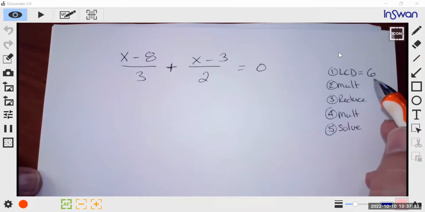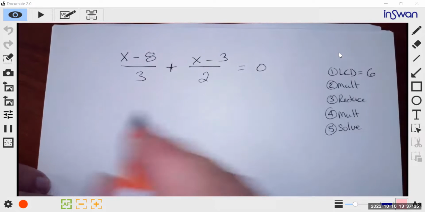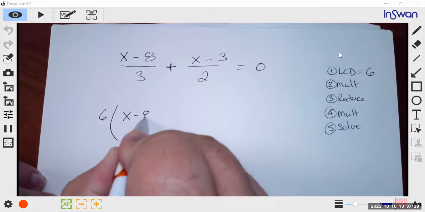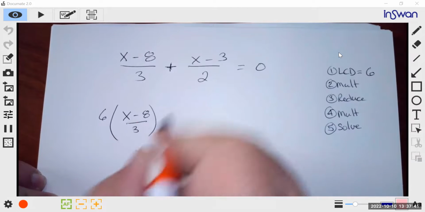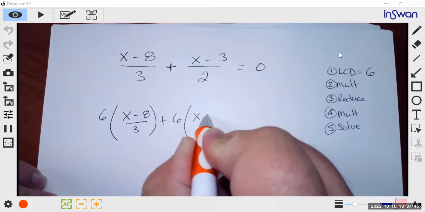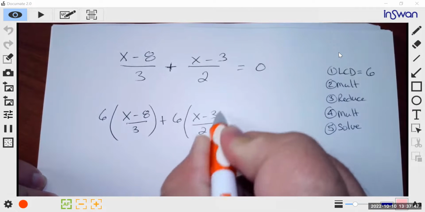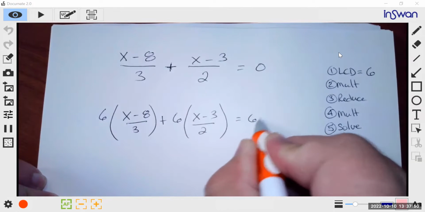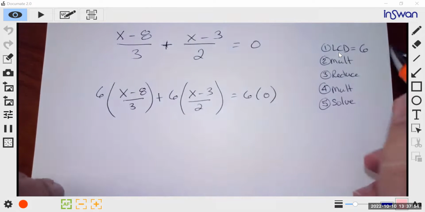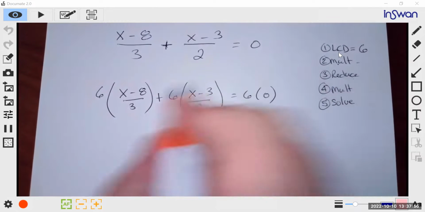So the LCD is 6. So we multiply 6 to both of these equations. Not equations, but terms. And then 6 times 0. We multiply it. Now we reduce.